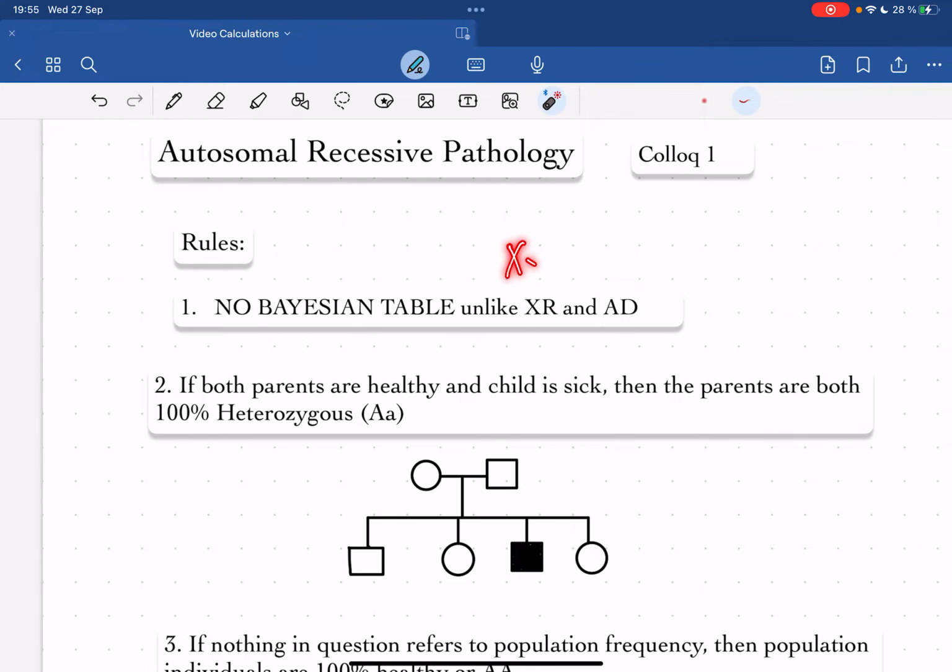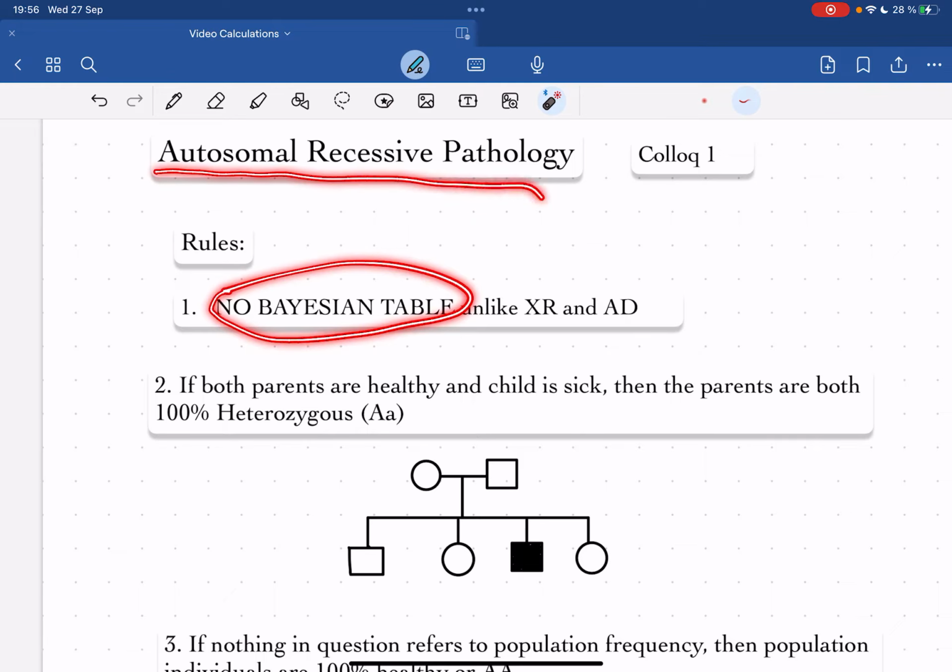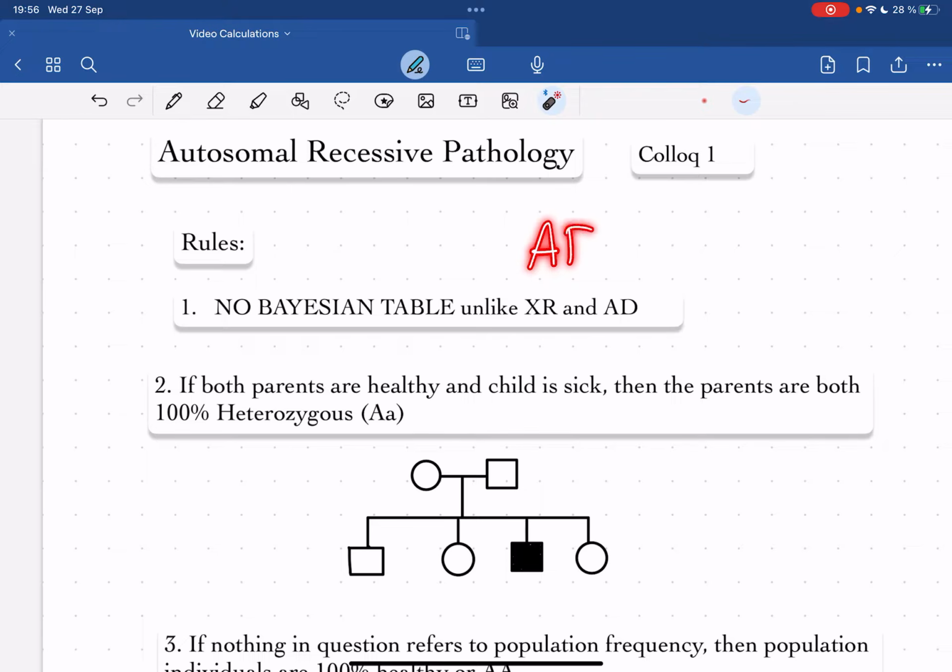XR stands for X-linked recessive, while AD stands for autosomal dominant, right? We don't use a Bayesian table for autosomal recessive. So as soon as you see something that's about AR, you know immediately that there's no Bayesian table needed. Punnett squares are enough, okay?